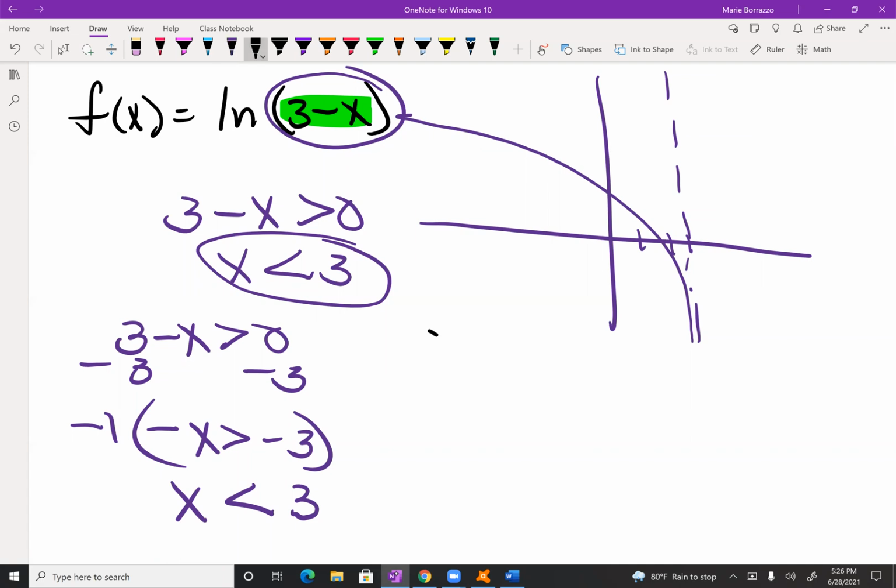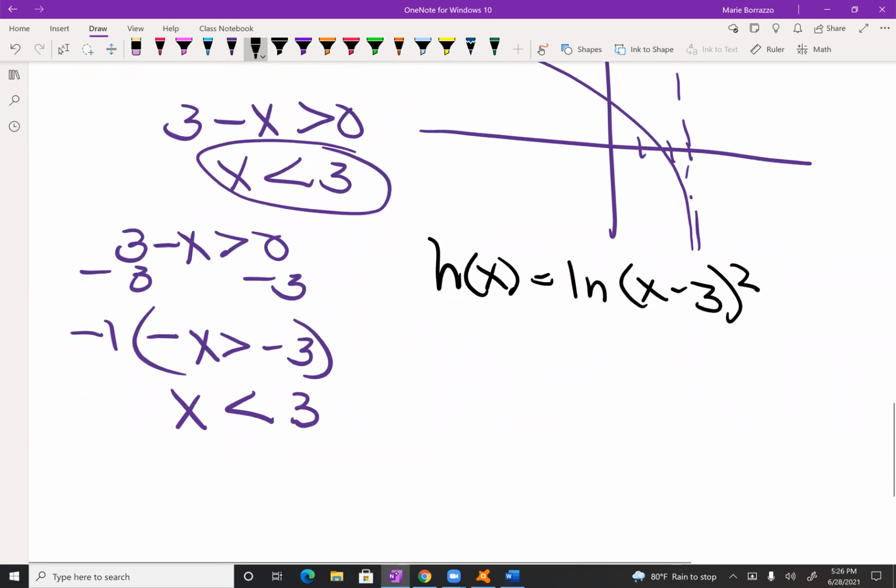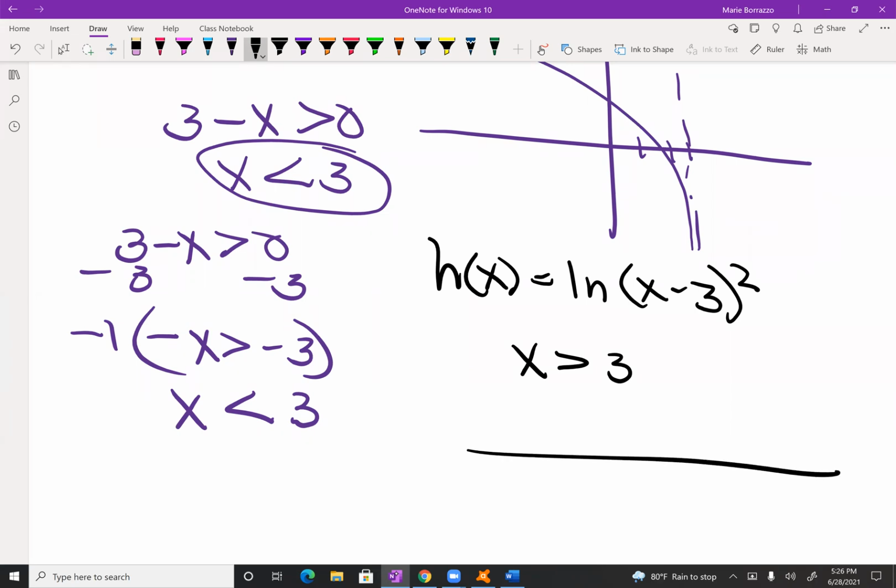Look at the next one. You have h of x is equal to the natural log of x minus 3 squared. So x minus 3 squared, we know that if I take x minus 3 and I set it greater than 0, then x has to be greater than 3. So that means that this can be all real numbers except 3.